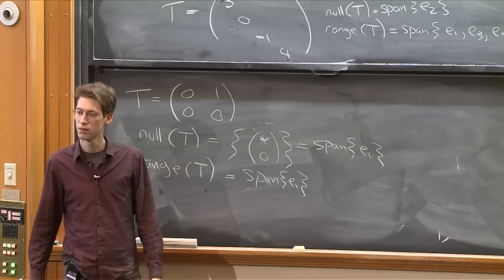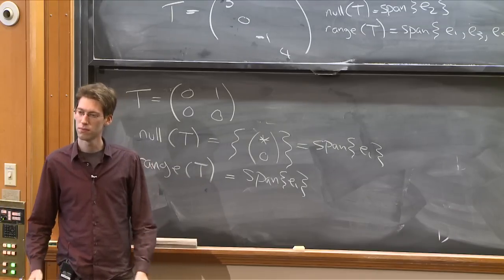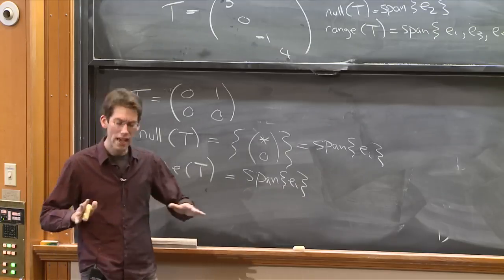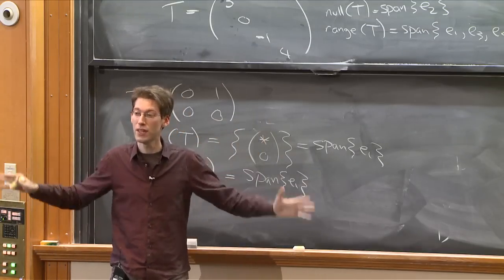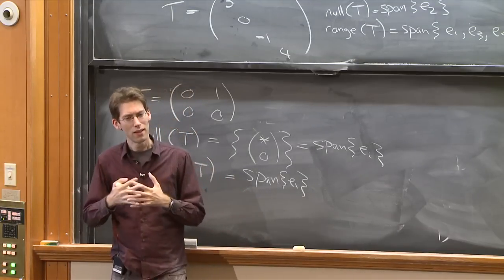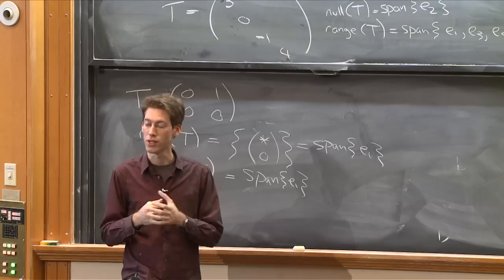Yeah? So isn't the trouble just that the null space is what you're acting on and the range is what results from it? Exactly. And they could even live in different spaces. And so to compare them is dangerous.